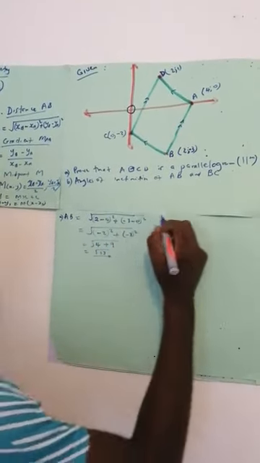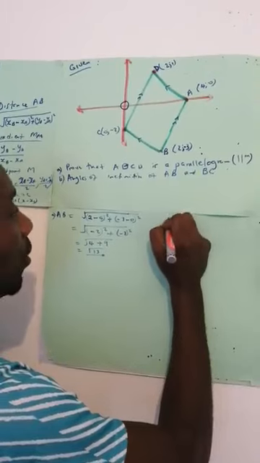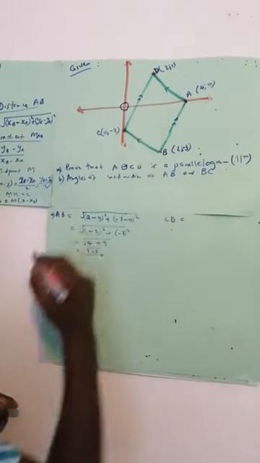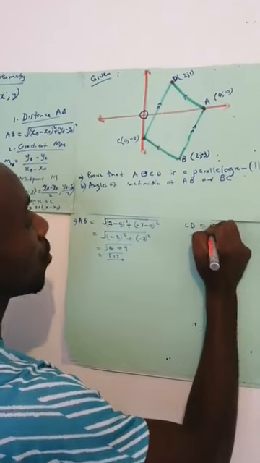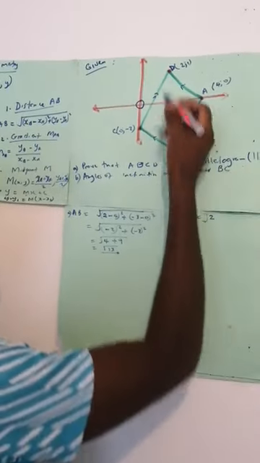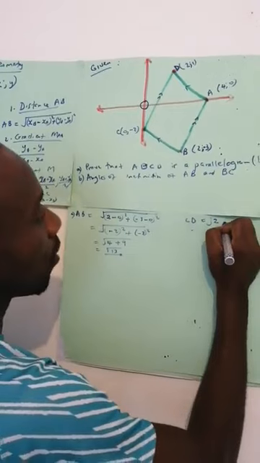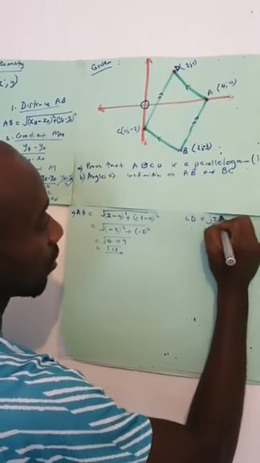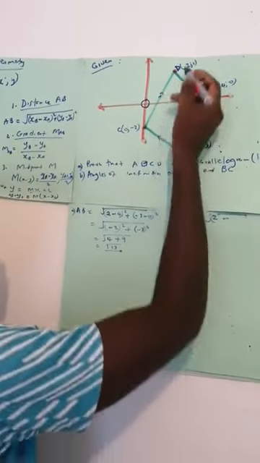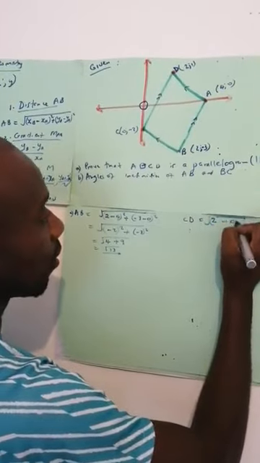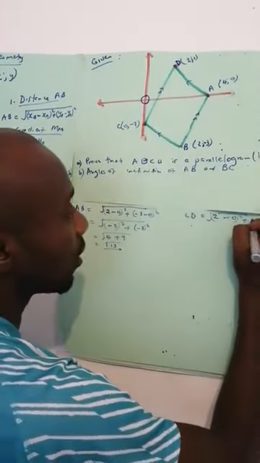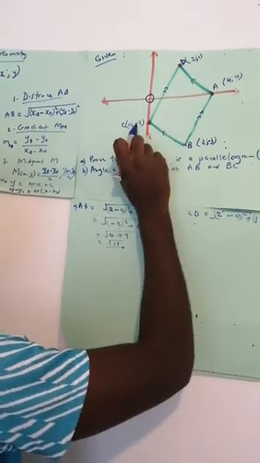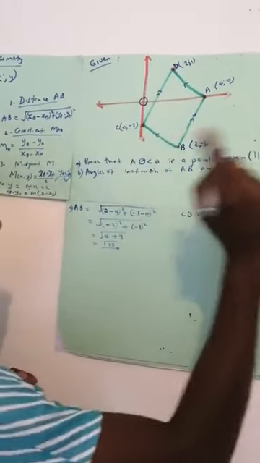For DC, or we say CD. What is CD? We'll say 2 minus 0, all squared, plus 1 minus -2. It's going to be plus because it's 1 minus a minus.